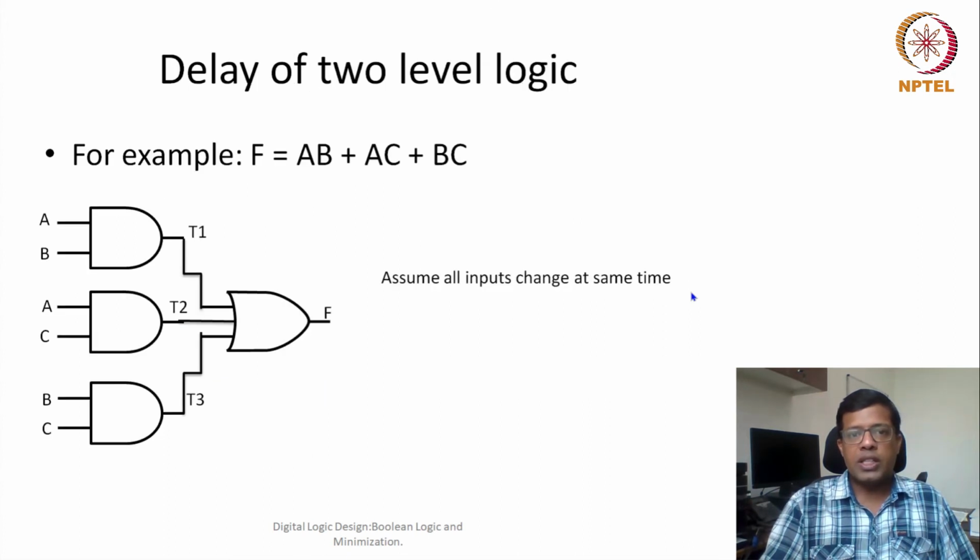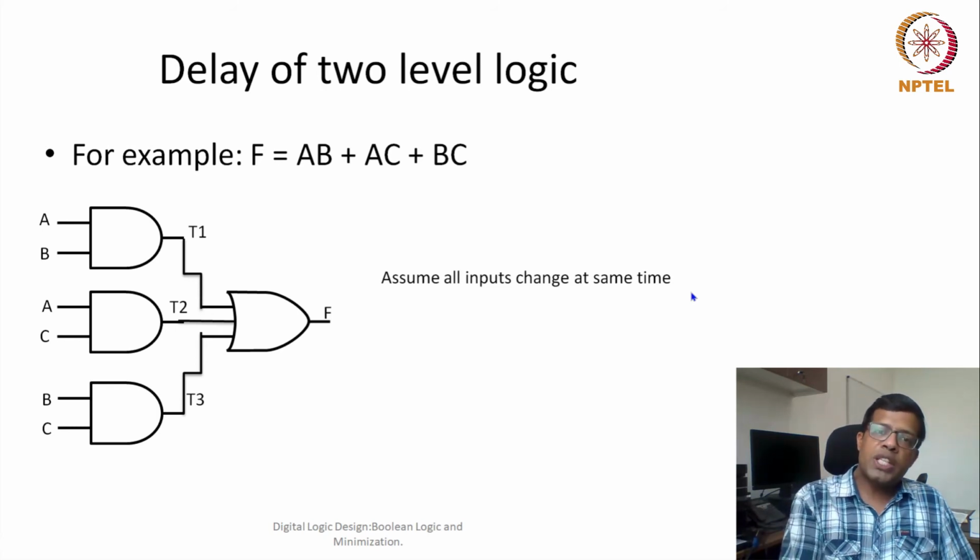Given this, let us look at our standard 2-level logic, which we have been optimizing so far, and see what its delay would be, so that we can see how our optimization will work. Say we take an example sum-of-products expression.